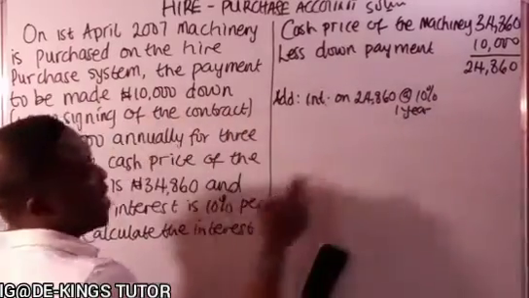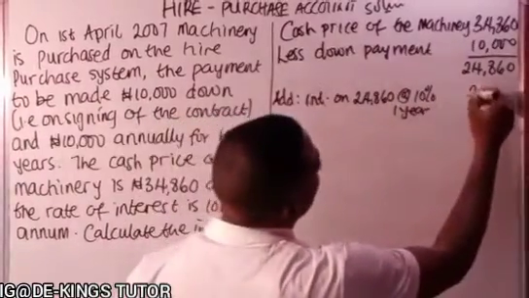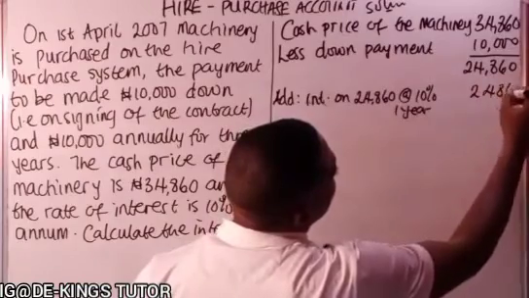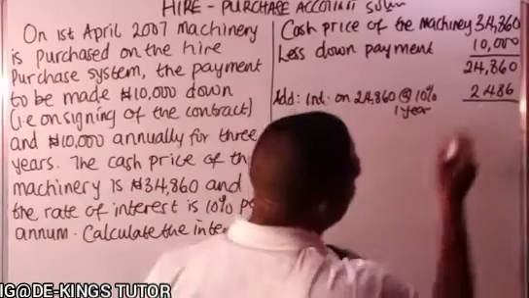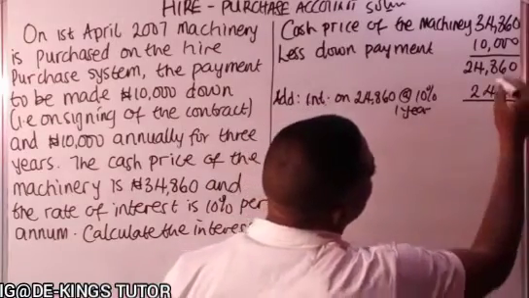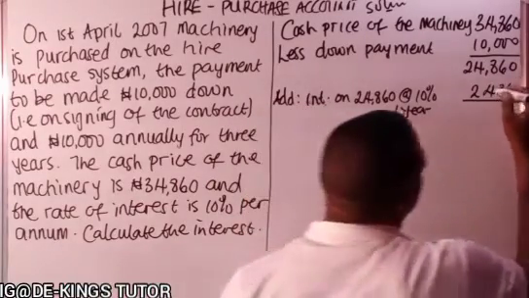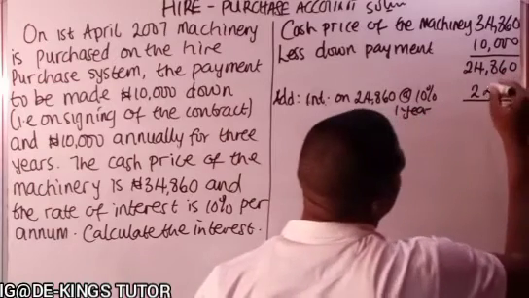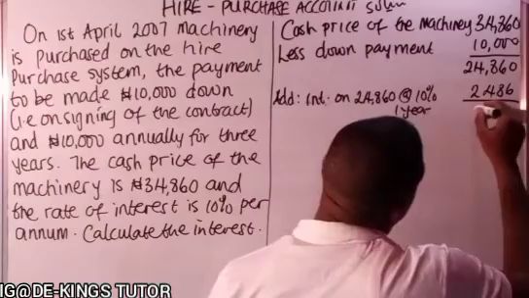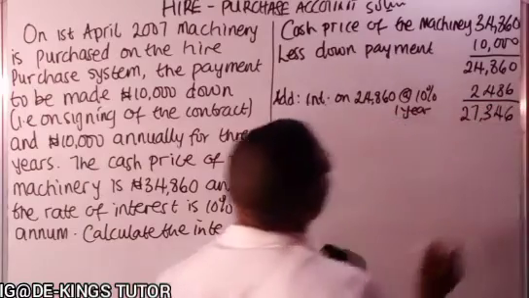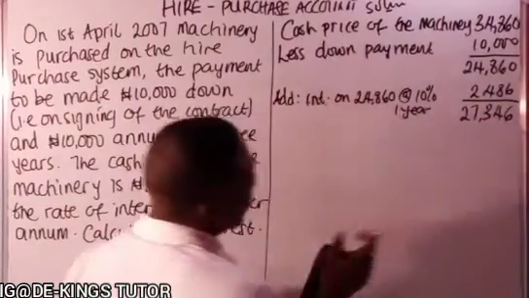Now 10% on this will give us 2,486. So when you add it together, you have 27,346. This is the amount that is supposed to be paid.